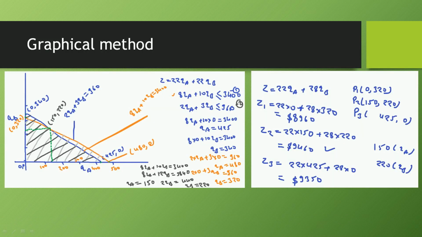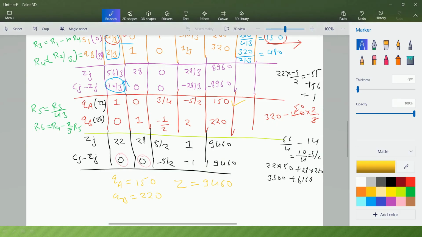So QA is 150, QB is 220 and the objective function is coming maximum at 9460. We were getting 3 points using graphical method, but the maximum value came at this point 9460, 150, 220. Okay. So the simplex method gave the same answer which we have solved using graphical method. Okay. Thank you very much.